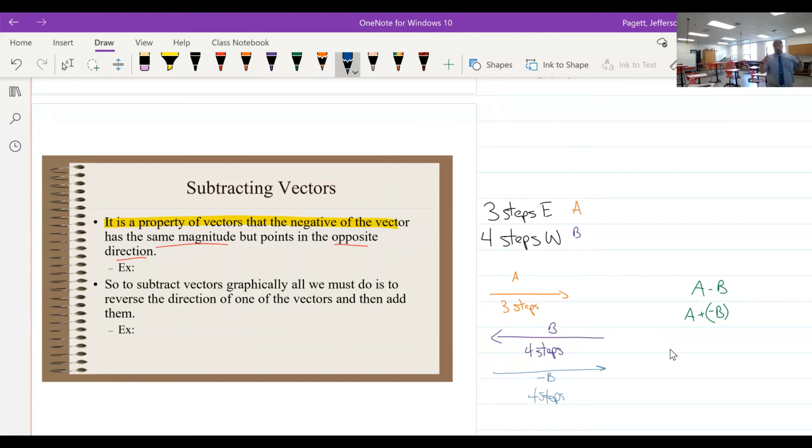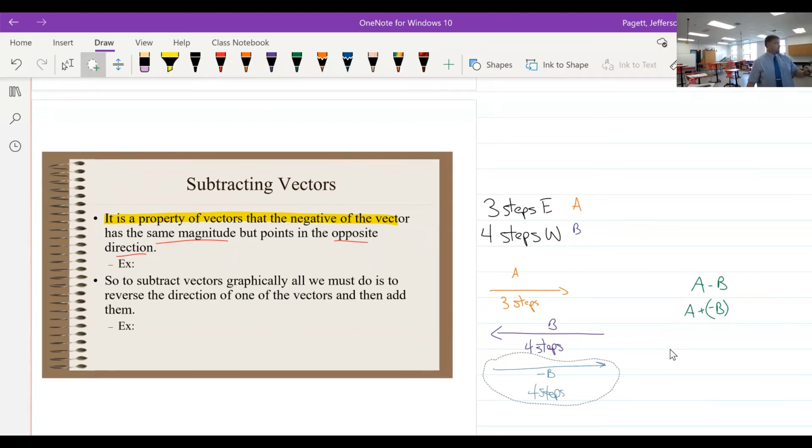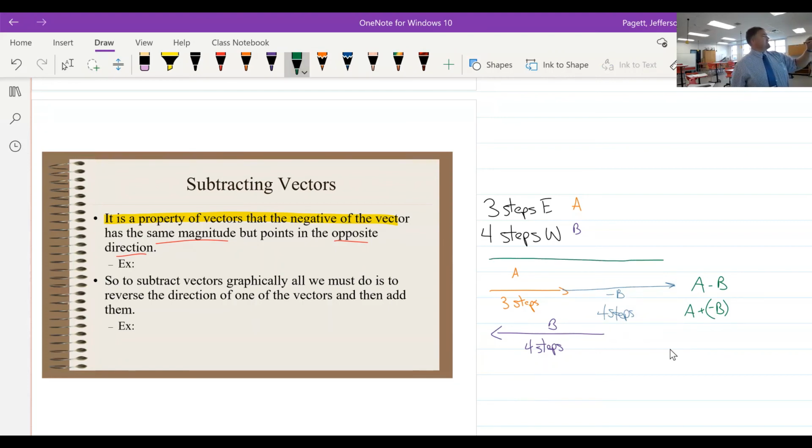And so if I go back and I run my rule of adding them head to tail, I'm going to pick up negative B, slide up here, attach it to the head of A. And so my resultant, I'll put it right up top here. This is A minus B, which in this case gave me 7 steps to the east. And so 3 minus 4 gave me 7.